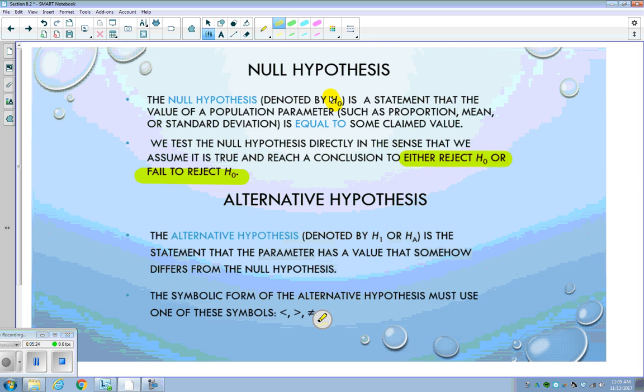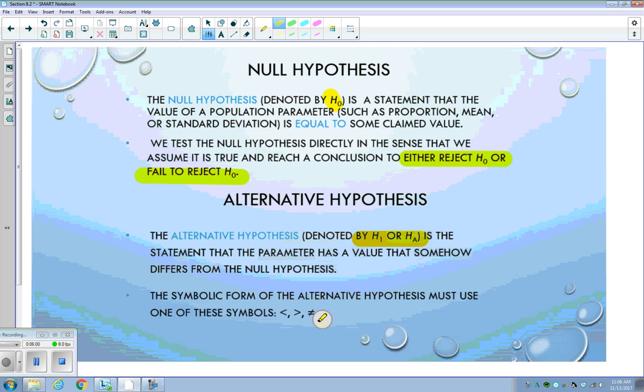Well, we also have to write an alternative hypothesis. When we do that, we can denote it by H sub 1 or H sub A. Most of the time I'll use H sub 1 because that's what I did when I was learning it. And that is a statement that that parameter, if it's a proportion or a mean, is different from the null hypothesis.